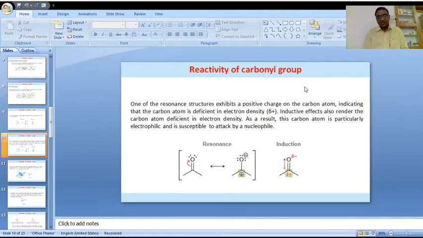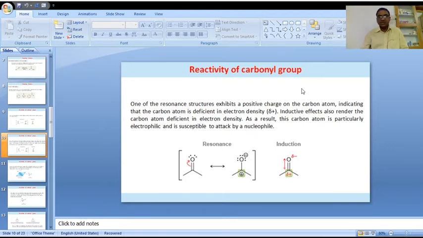Here is clear information on how the electron density on the oxygen and carbon atoms behaves. In the resonance structures, one of them exhibits a positive charge on the carbon atom, indicating that the carbon atom is deficient in electron density.